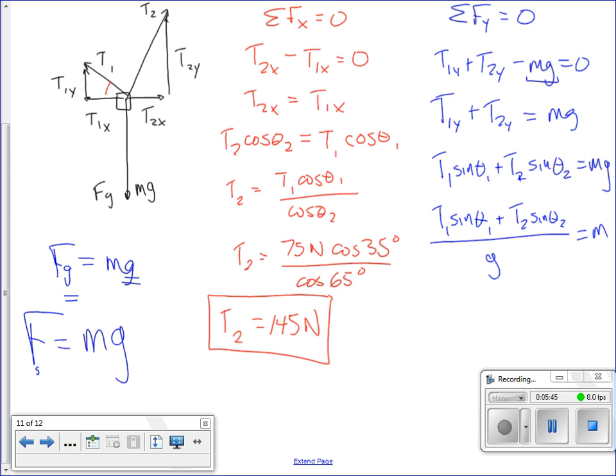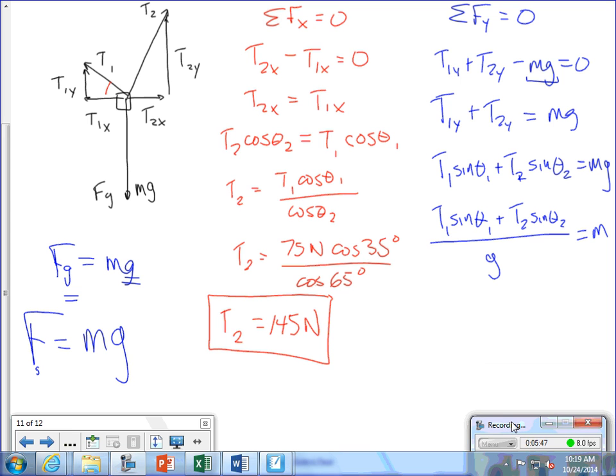Isolate m, substitute, and solve. T1, 75 newtons, sine of 35 degrees, plus 145 newtons, sine of 65 degrees, divided by 9.8, all equal to m.